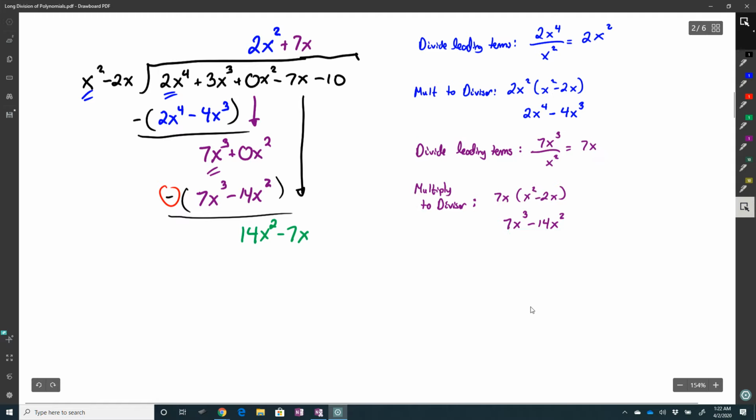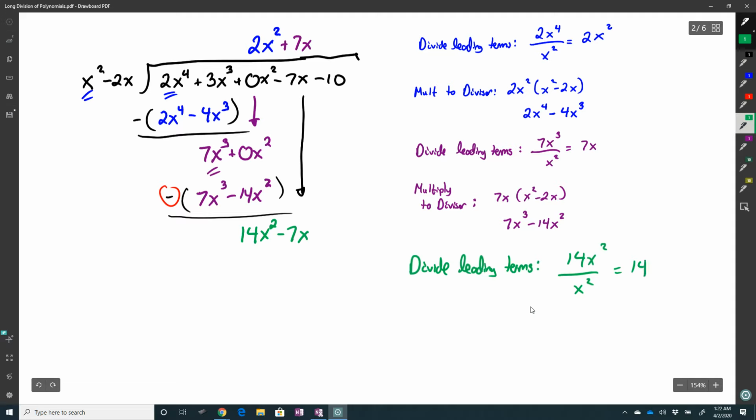So now again, I divide leading terms. My leading terms this time are 14x squared over x squared, which is just 14. That goes up top. I multiply it to the outside. I have 14x squared minus 2x.